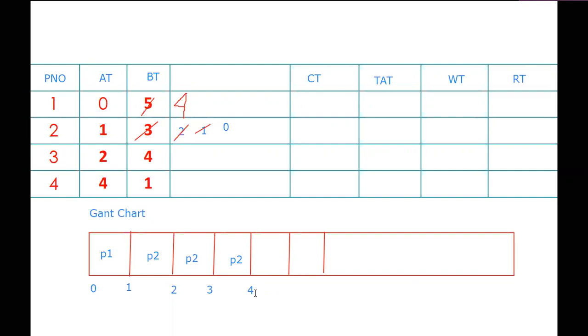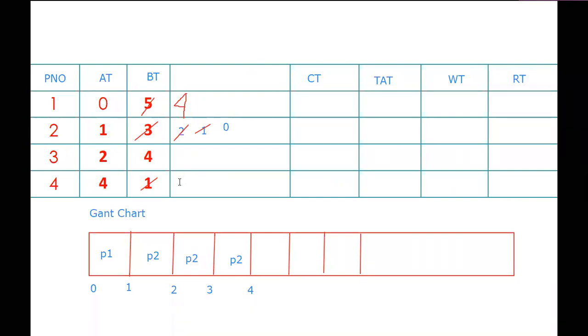The time is 4 seconds, and now let's again go back here. Out of all the processes, now we have process 4 already arrived. Which one is the shortest? Again, process 4 is the shortest, right? So we will allocate the CPU to process 4. Let's allocate it, and after allocating it, we will assign the values.